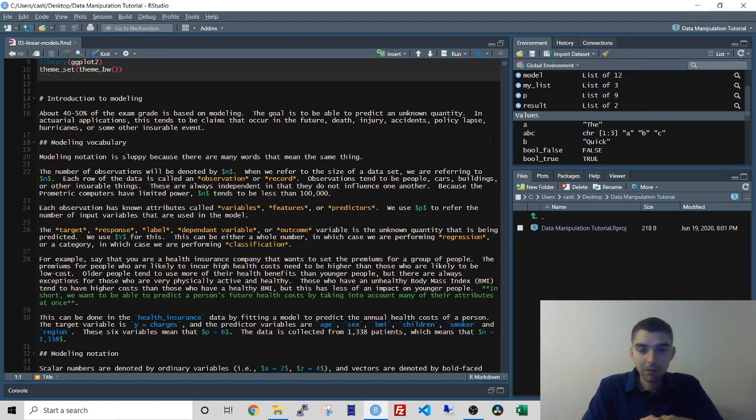Now, this gets confusing because there are a lot of different words in data science that really mean the same things. I might say observation or record, but they both mean the same thing. They both refer to the single unit of analysis that we are operating on.